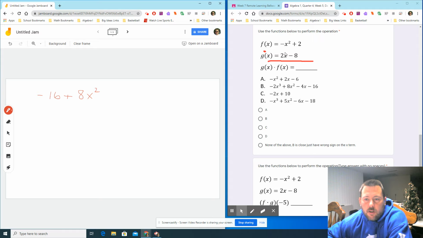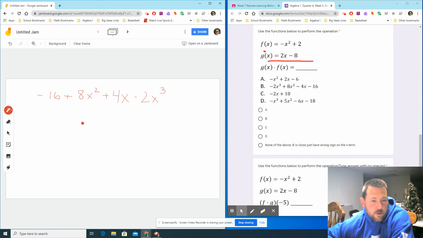And you start over again. 2x and 2 is 4x. And then 2x and negative x squared. This has an exponent of 1, so when you multiply same bases, you add the exponents. So it's going to be 2 plus 1, which is 3. So we're going to get negative 2x cubed.